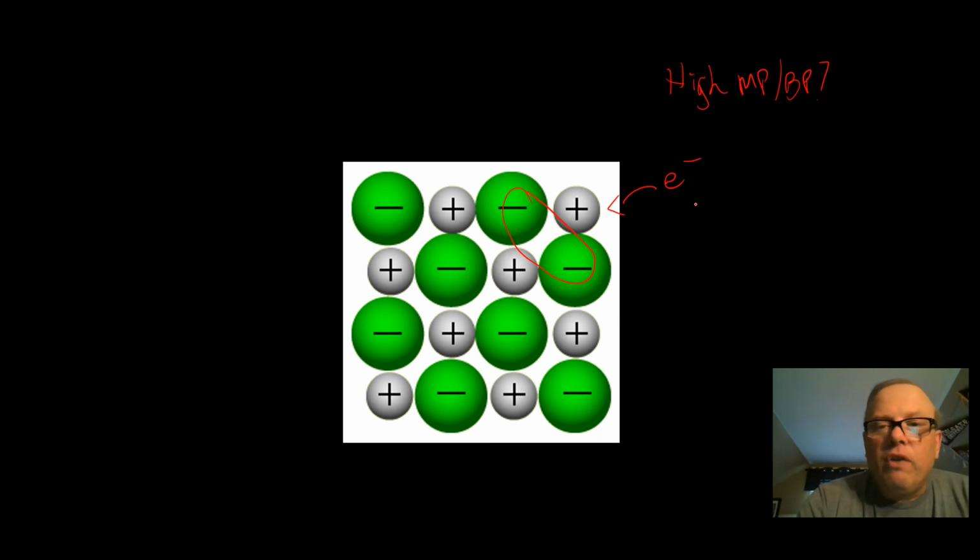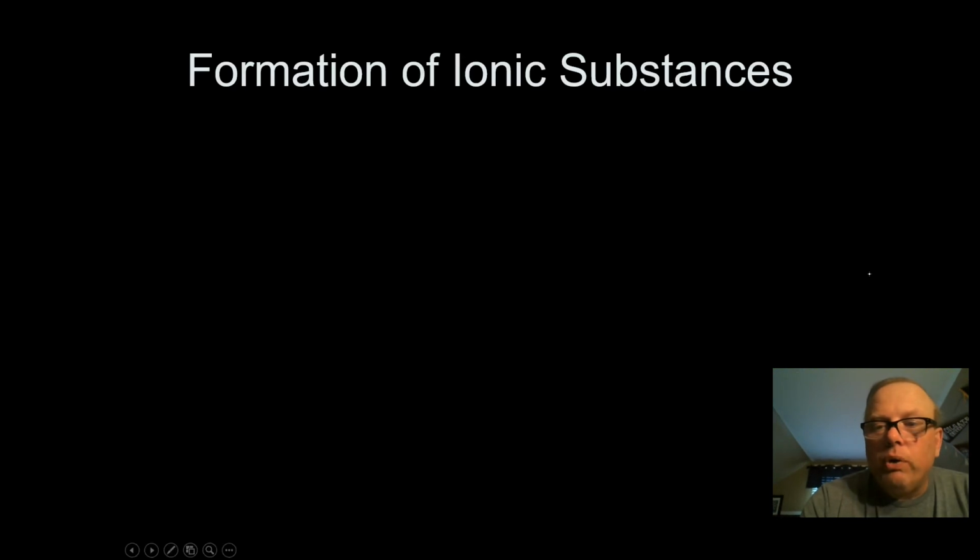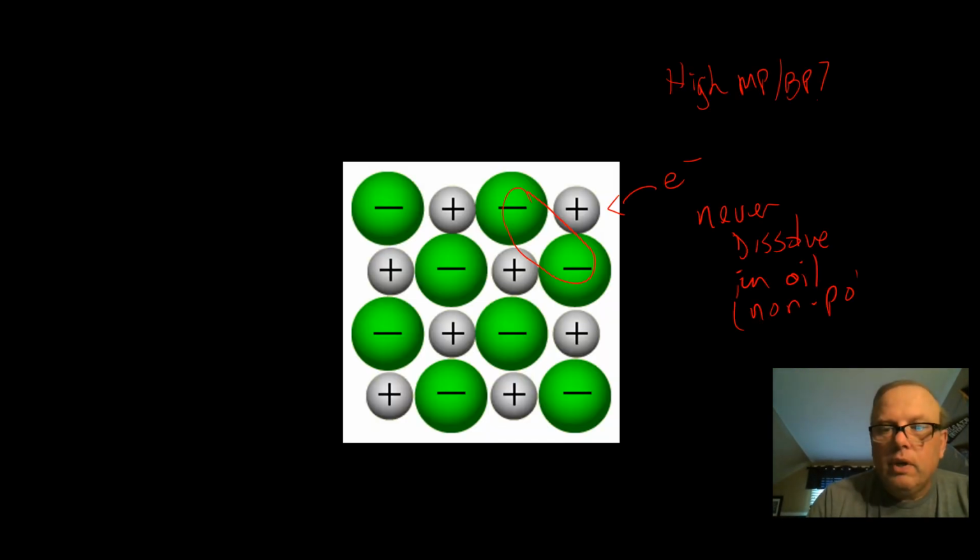They may dissolve in water, but they never dissolve in oil. They never dissolve in oil because oil is what is called nonpolar. Oil is nonpolar, and because of that, oil doesn't have positive or negative charges.